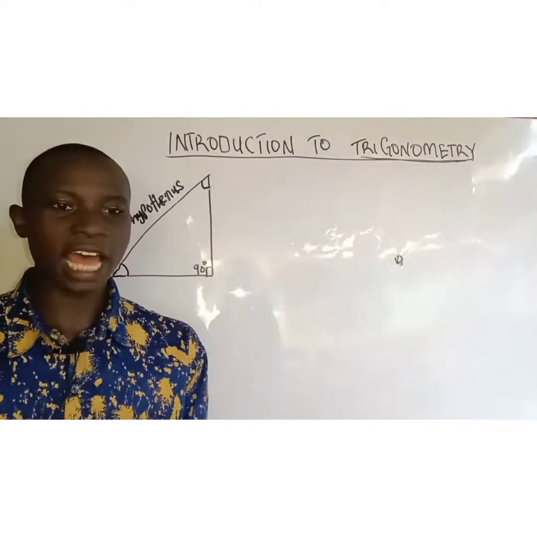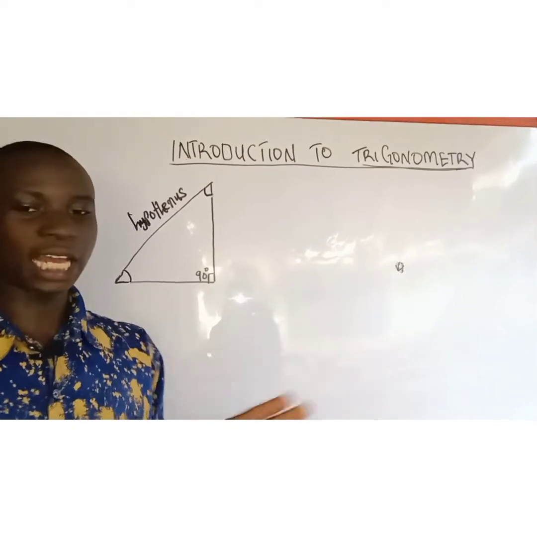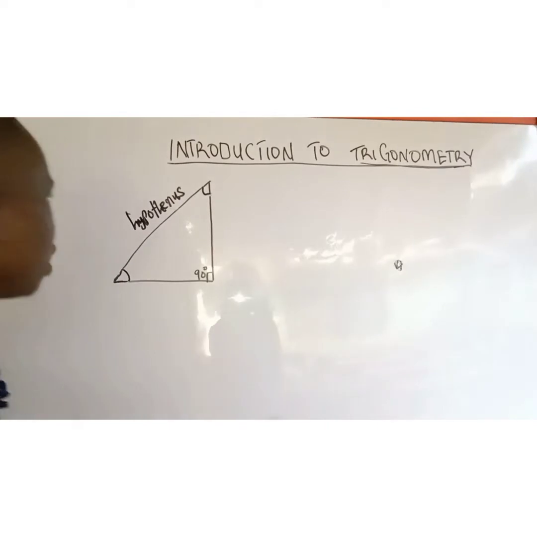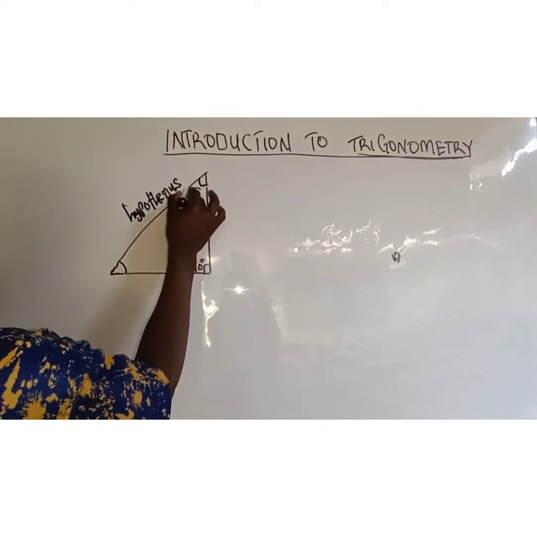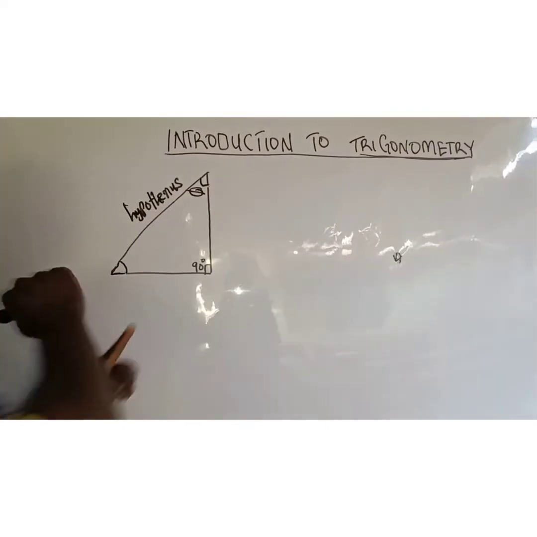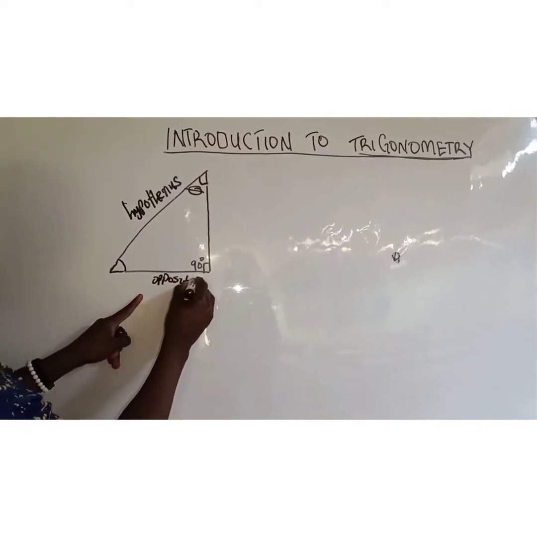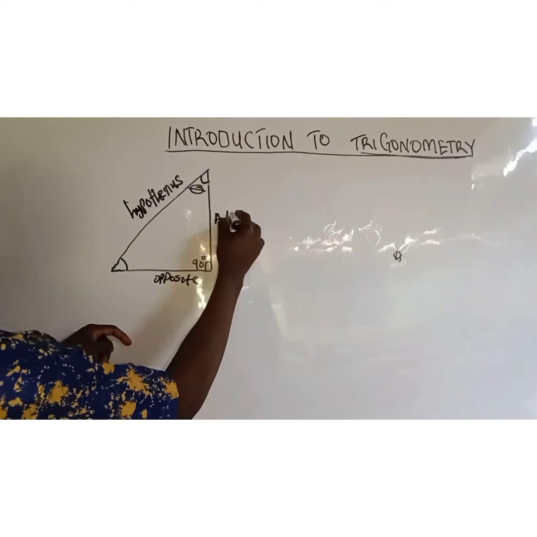But the positions of opposite and adjacent depend on the placement of the angle. For instance, if our theta is here, our opposite is going to be here, and this side will be our adjacent.